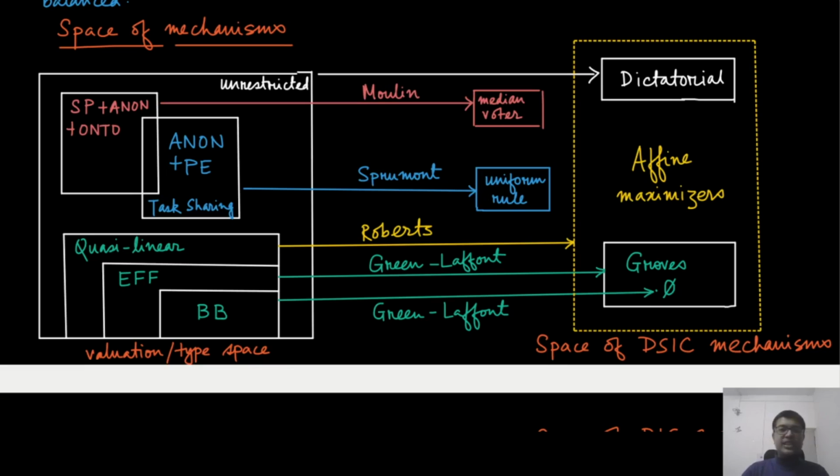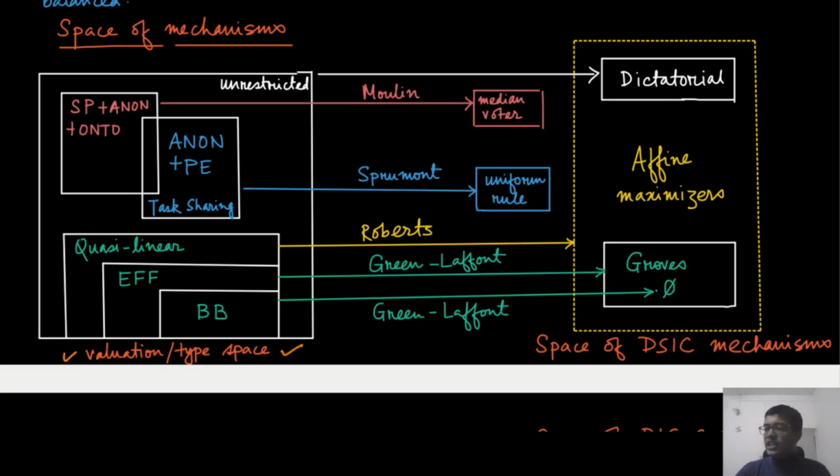On the left hand side, what we have drawn here is the type space or the valuation space, if you like. This could be different depending on which kind of domains we are looking at, which kind of applications we are looking at. But that is the domain of the social choice function. And on the right hand side, we have the space of DSIC mechanisms. Here we are considering only dominant strategy incentive compatible mechanisms.